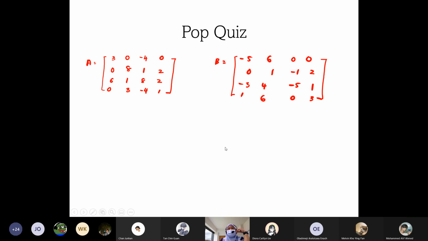Find the determinant for matrix A and B. I will count the fastest one with the correct answer. You may write down your answer in chat.